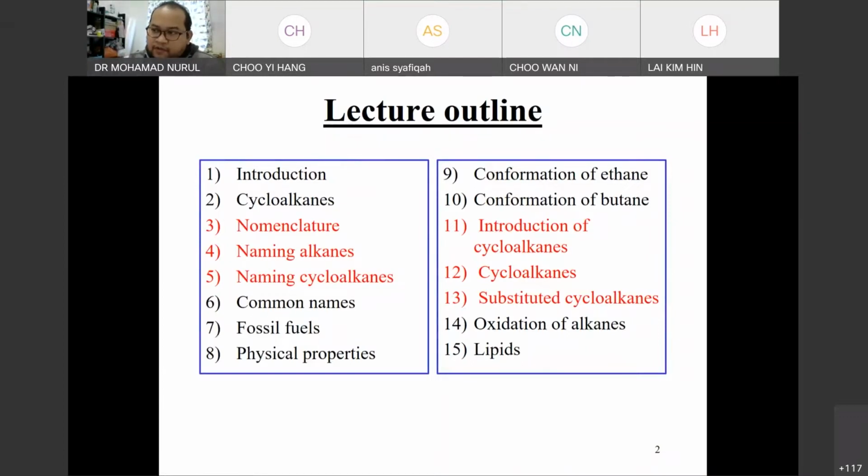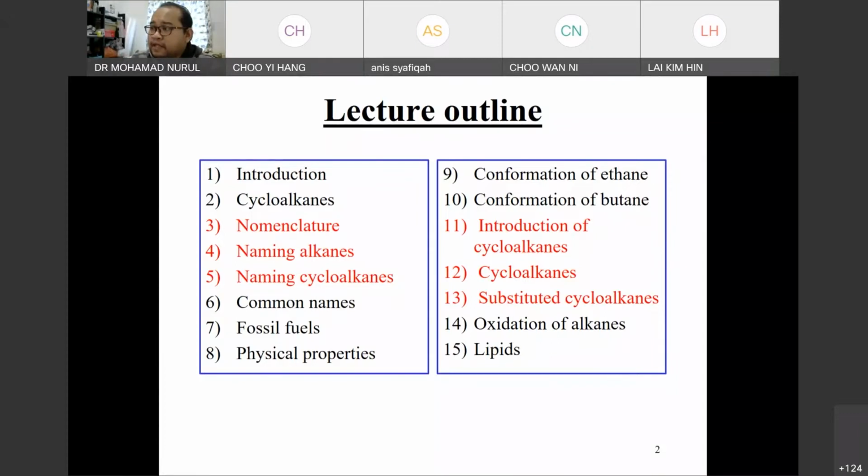It's kind of the source of most of the organic solvents. And physical properties, conformations of ethane, conformation of butane, and introduction of cycloalkanes, okay, cycloalkanes and substituted cycloalkanes, and oxidation of alkanes, including lipids.